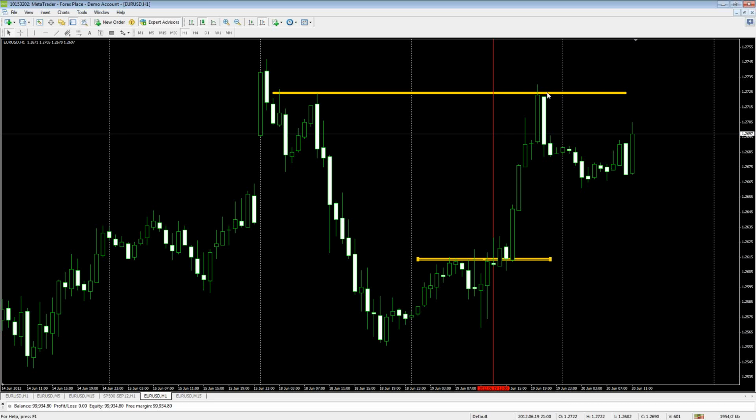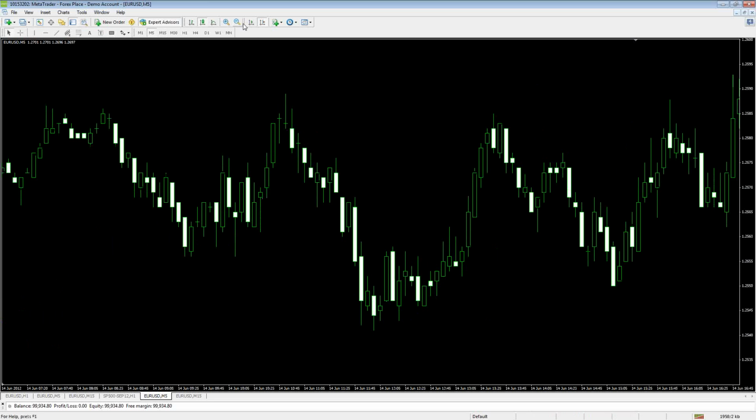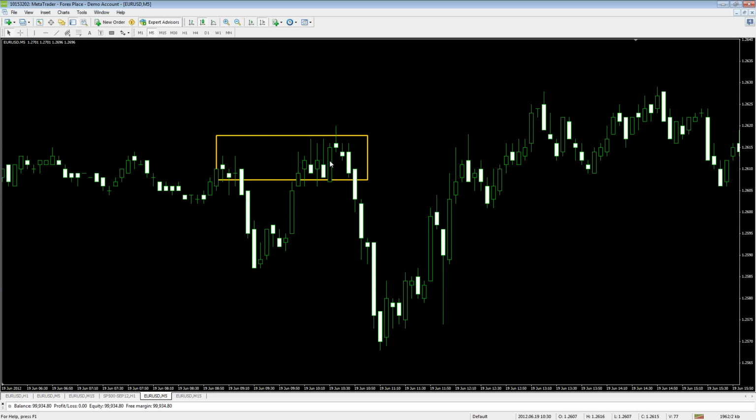I want to show you a trade I took here yesterday, exactly around this area here, I think it was around here somewhere. Let's see the 5-minute chart yesterday. Yeah, here. Okay, so it was this area where I took a short trade. And why did I take this here?